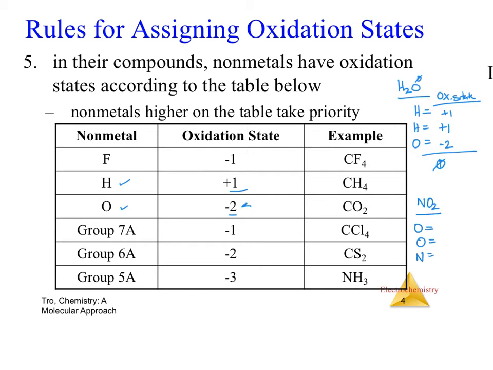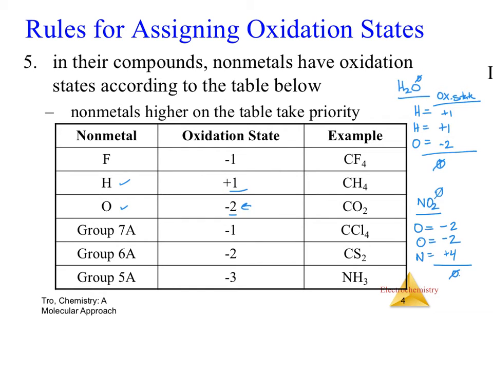Each oxygen has a -2 oxidation state, and that is the same as the charge it forms when it is in an ionic compound. NO2 is covalent. We assign the elements highest in priority first, and then we use the rule that for molecules with a charge of 0, all of the oxidation states must add to 0. So if these 2 oxygens add to -4, this nitrogen must be +4.